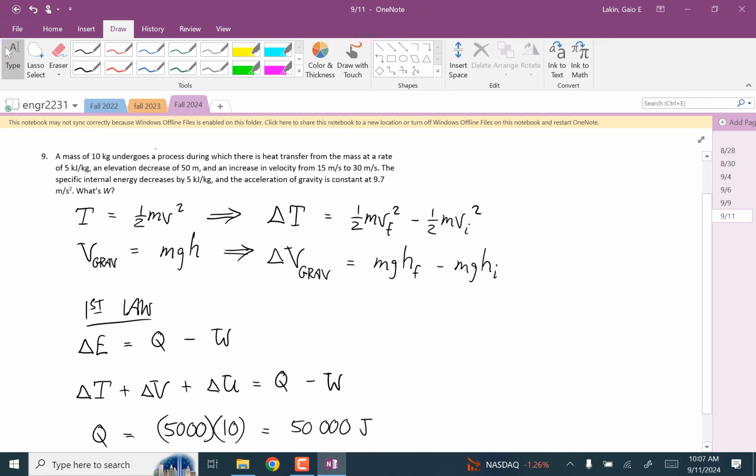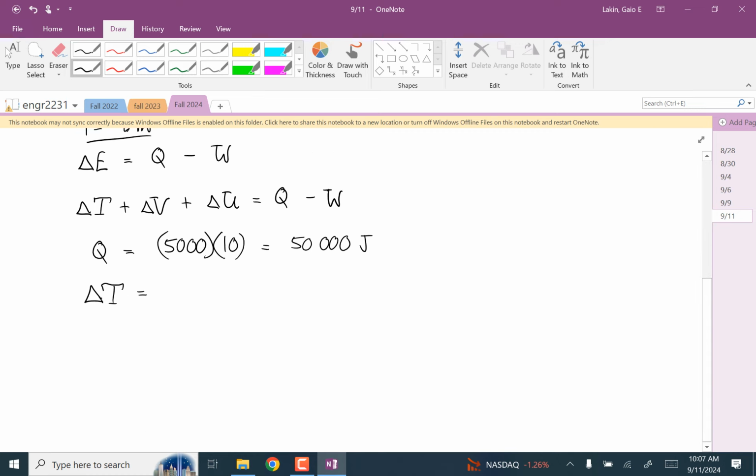The change in kinetic energy, it goes from 15 meters per second to 30. So this is 1/2 times the mass times 30 squared minus 1/2 times the mass times 15 squared.